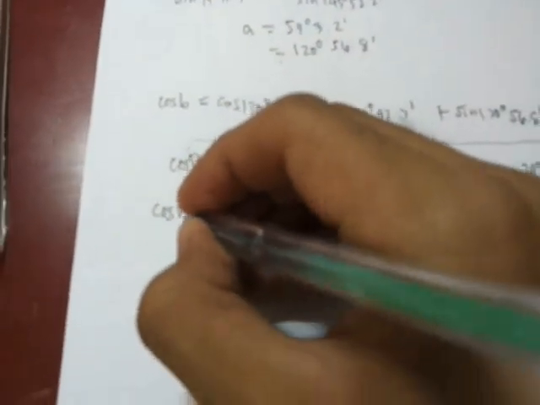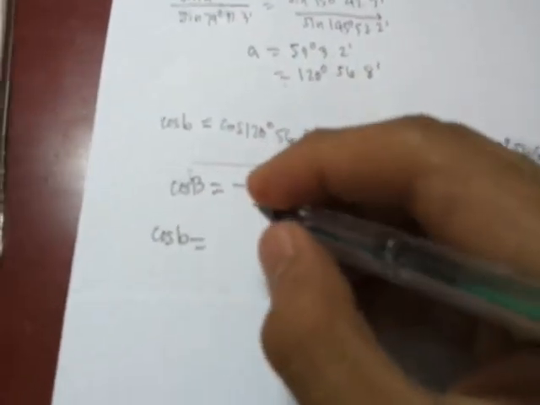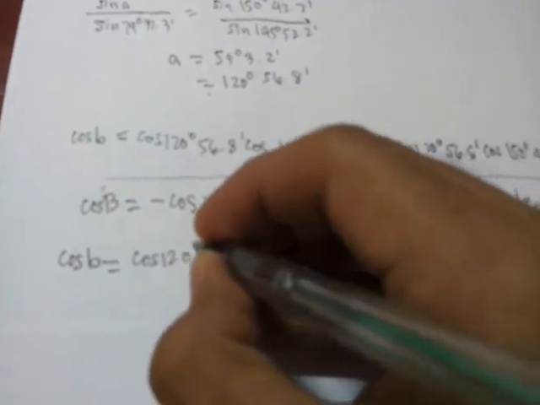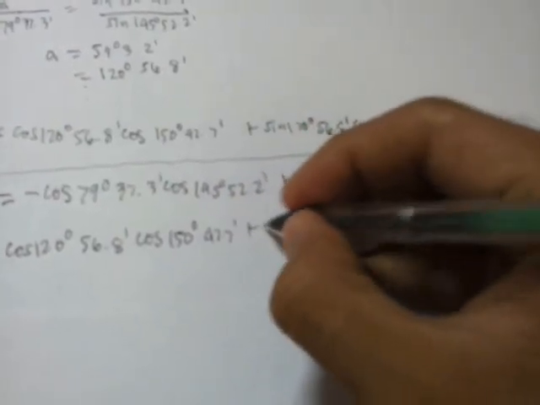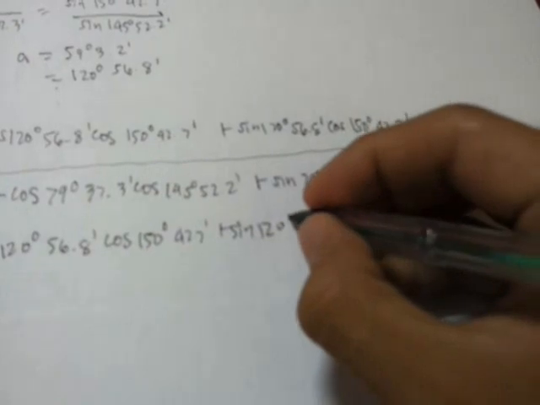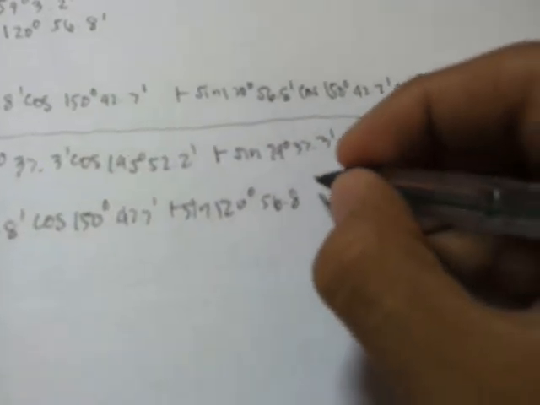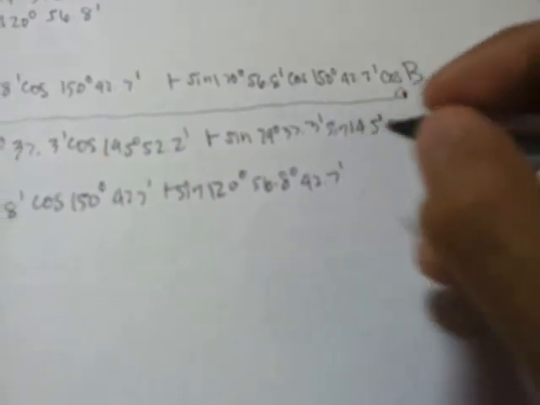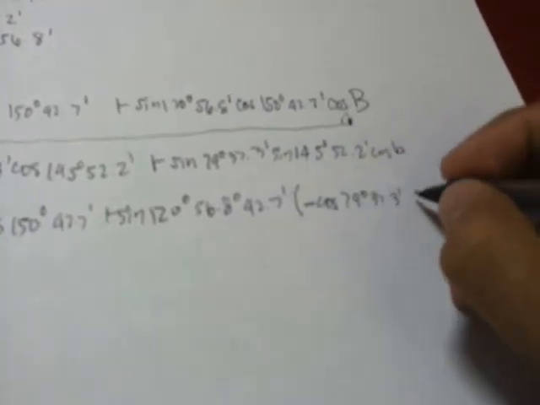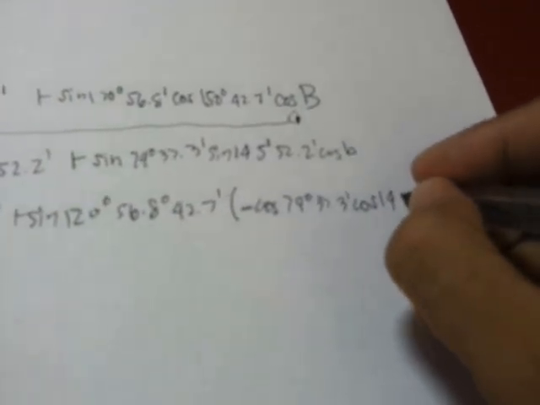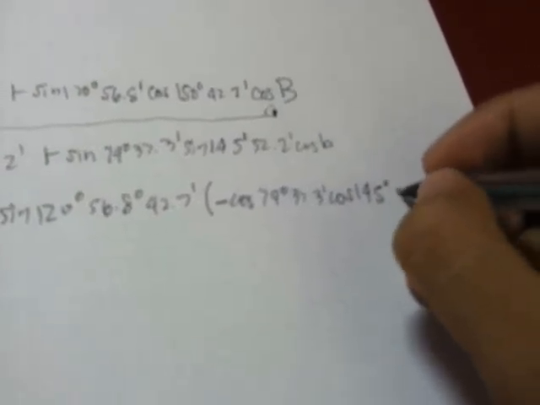So, after substituting, I know you can do it already, but I just want to show you the answer to check yourself. 56.8 minutes, 40 degrees, 42.7 minutes times the negative cosine of 79 degrees 37.3 minutes, cosine of 145 degrees 52.2 minutes, all over.